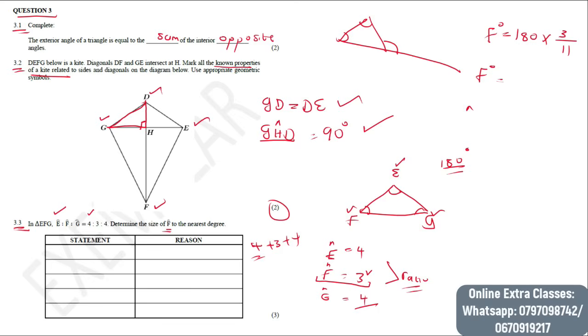So angle F is equal to 180 multiplied by its ratio, so it's 180 multiplied by 3 divided by 11. And it will be 49 degrees. So angle F is equal to 49 degrees.